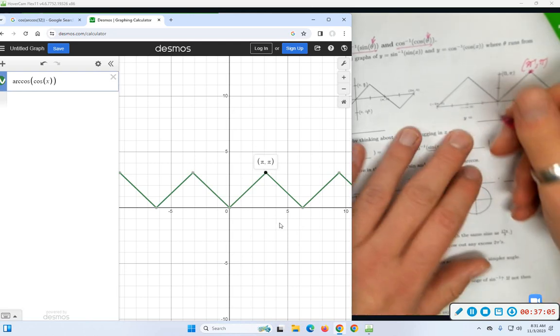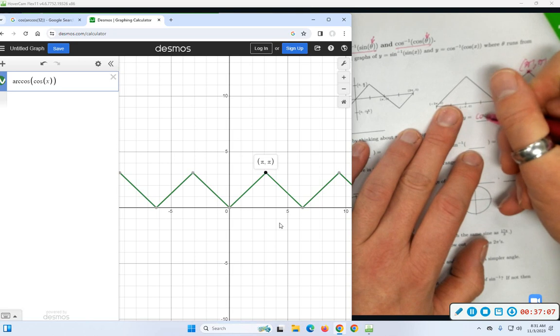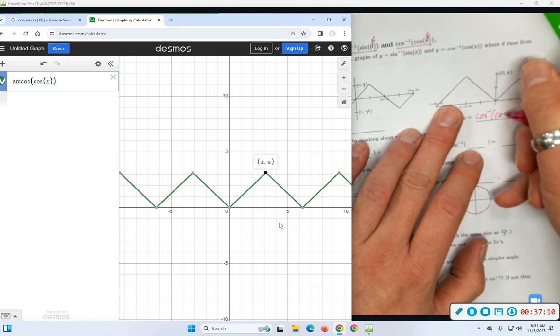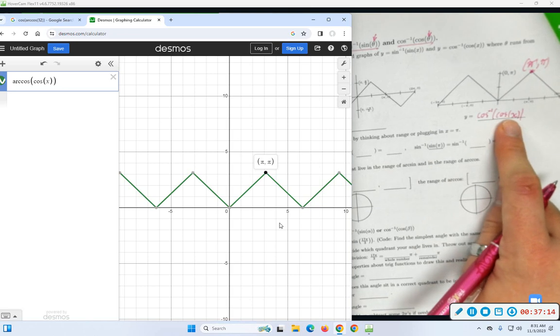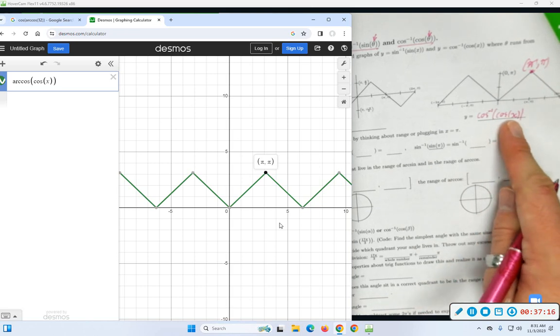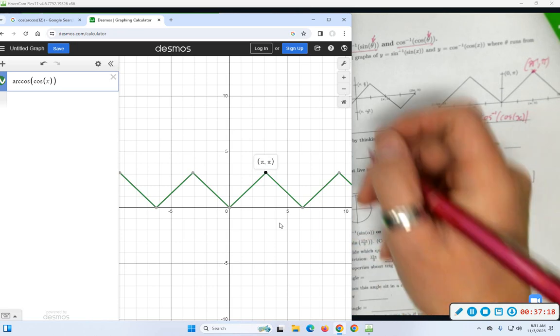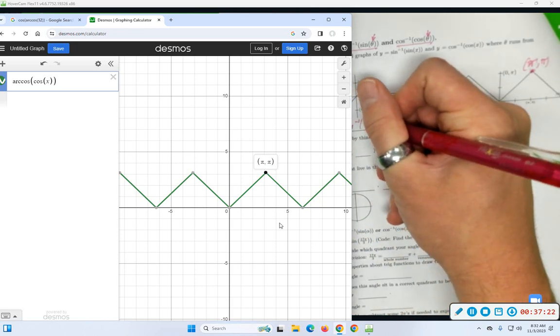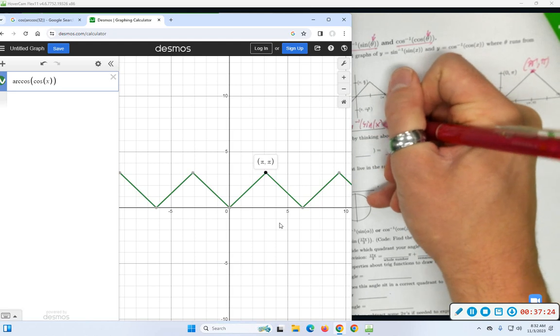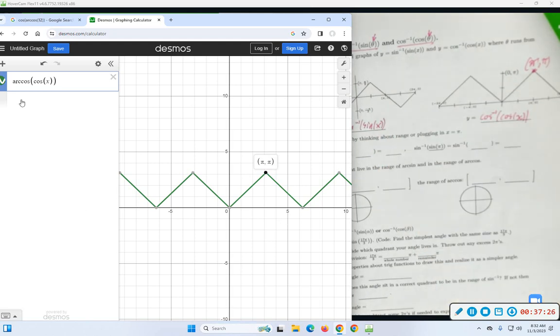Yeah, this is the graph of cosine inverse of the cosine of x. Here I'm using an x because I'm graphing the thing, so the data x coordinate should be called x. So this must be the graph of sine inverse of sine of x. Let's just see.